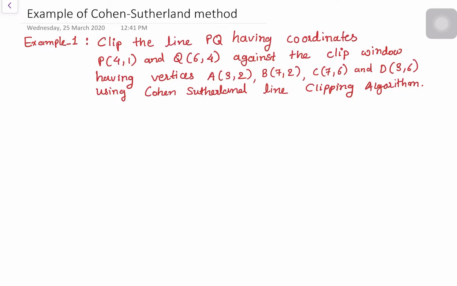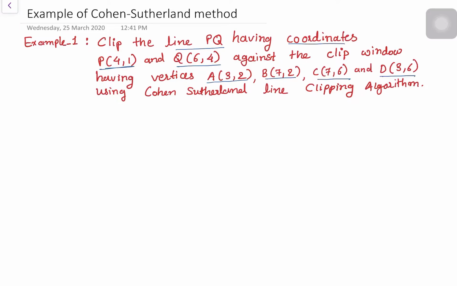What is given in the example: clip the line PQ having coordinates P(4,1) and Q(6,4) against the clip window having vertices A(3,2), B(7,2), C(7,6) and D(3,6) using the Cohen Sutherland line clipping algorithm.